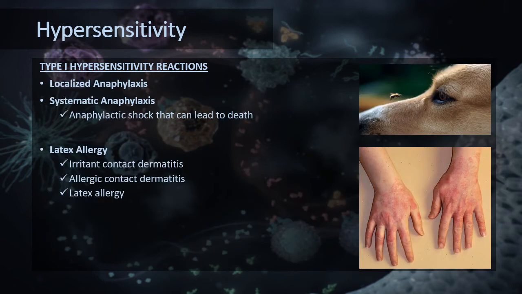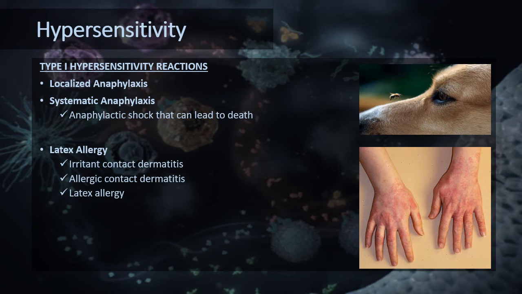Type 1 hypersensitivity reactions may be localized or systemic. When we say localized, these reactions take place in a specific area or organ of the body. Examples here are hay fever, asthma, or hives. While in systemic anaphylaxis, this results from the release of chemical mediators from basophils in the bloodstream.